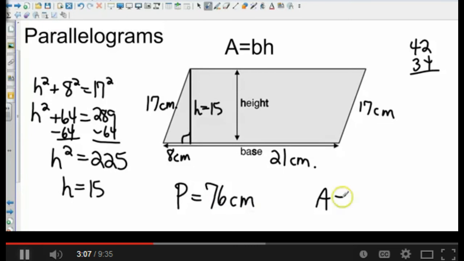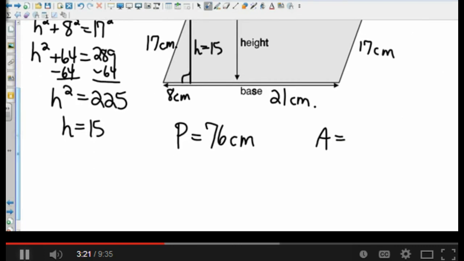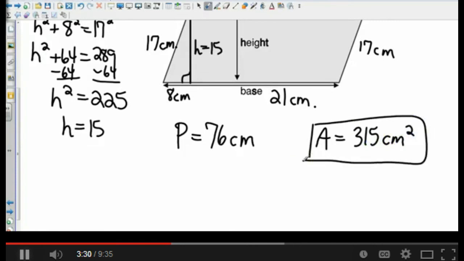For our area, we take our base, 21, times our height, 15. That gives us an area of 315 centimeters squared. So area is 315 centimeters squared, perimeter 76 centimeters.